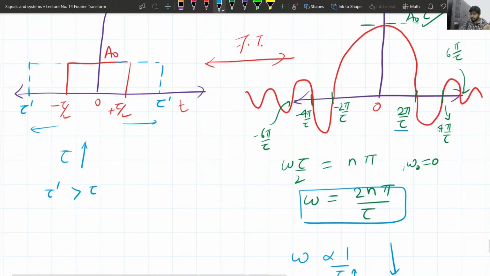Then tau is increasing, then this quantity 2 pi by tau must decrease. Then that means this signal will come close in frequency.